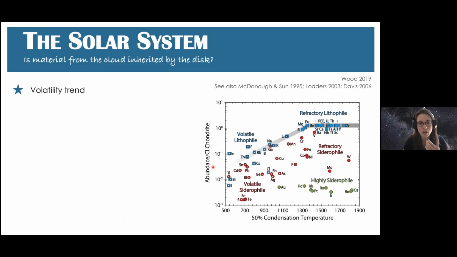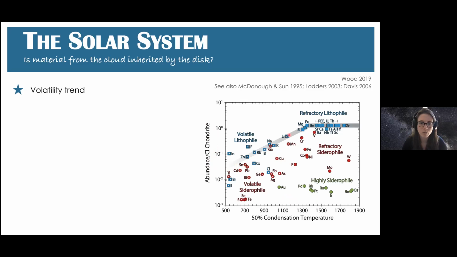So this is showing the abundance of elements in Earth's mantle with respect to their abundance in a certain type of chondrites, which we think are the most primitive material that we can see in our solar system, as a function of their condensation temperature. So this is the temperature at which half of this material is still in the gas phase and half is already in solids.